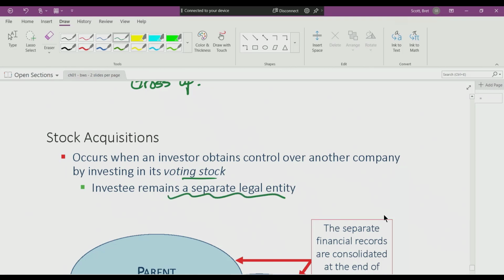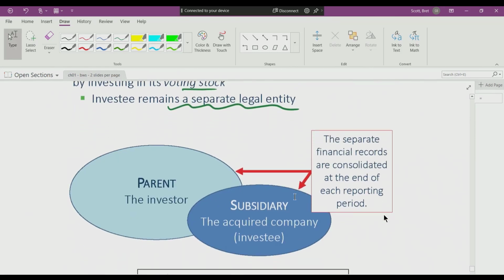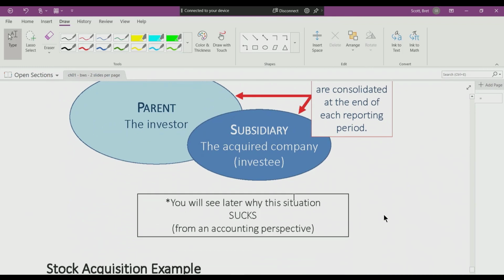Now you will see down the road why the accounting for this absolutely sucks. Because over time, you have to keep track of what the initial investment is, what each year's net income is, what each year's dividends are, what each year's amortization of fair value adjustments are, plus you have to worry about any type of upstream sale and downstream sale between the two companies.